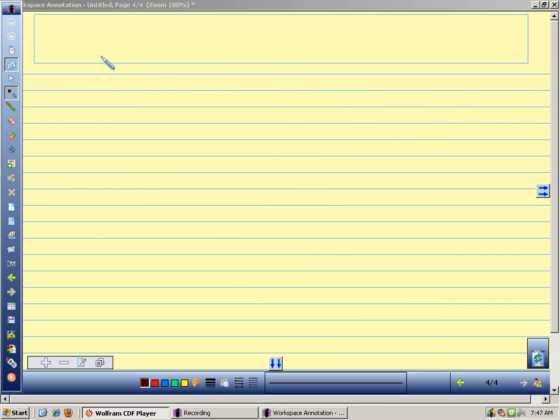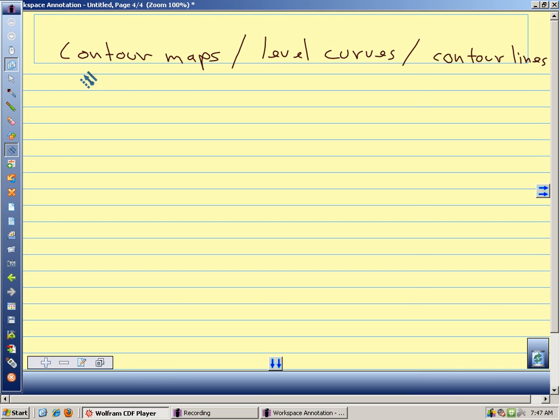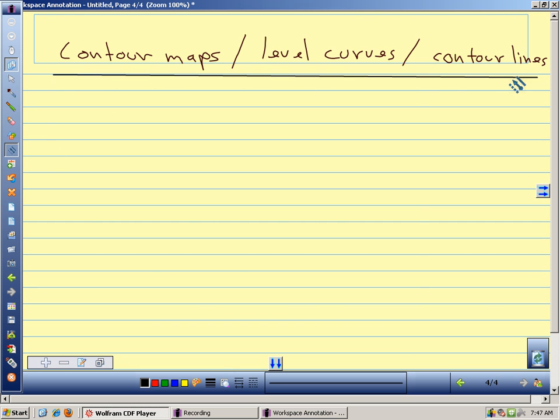What we call these is contour maps, or level curves, or contour lines. This is another way we can visualize what these surfaces look like.